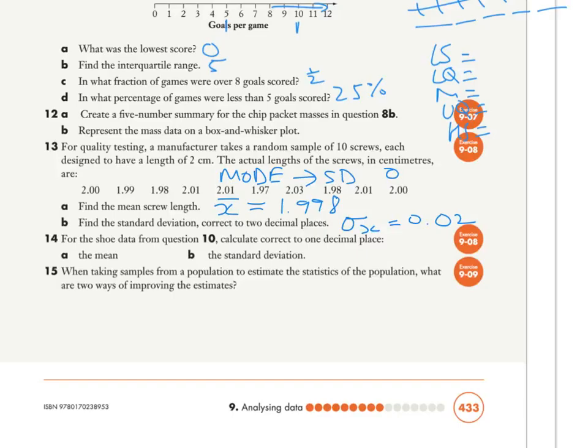Obviously with the other calculator, you just have to put it into the table and make sure your frequency is off, and then you use your second function shift stat, which is down near the 2, and you find those two symbols.